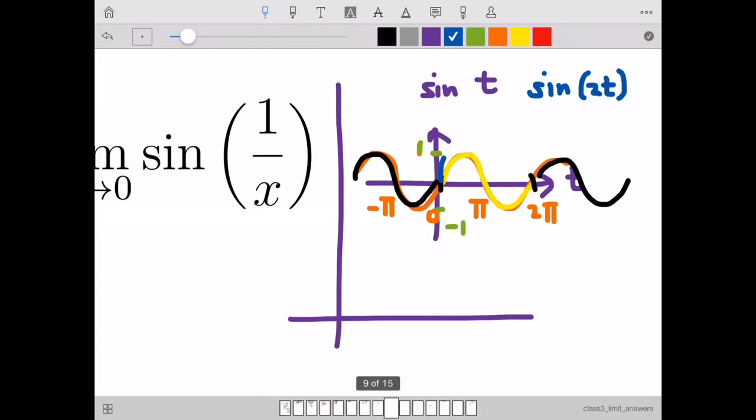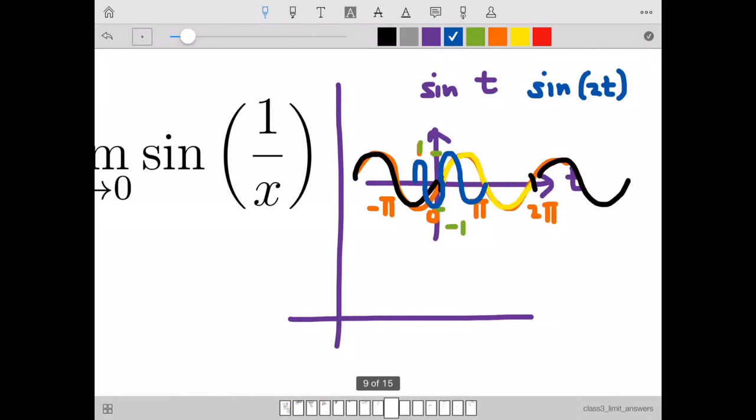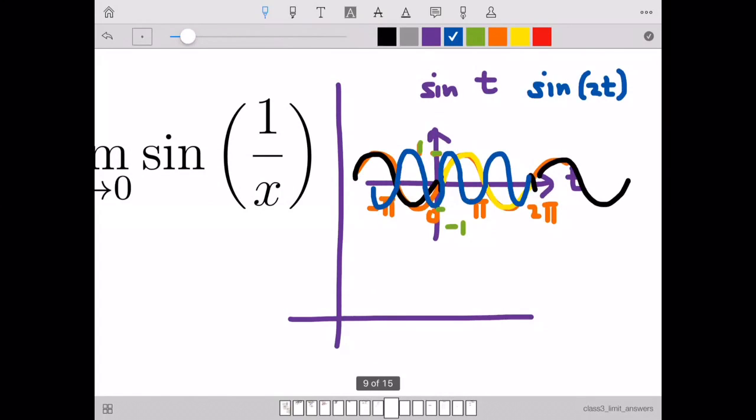So within a pi interval, I have one curve. So it will go like this. Like this, right? And continue.